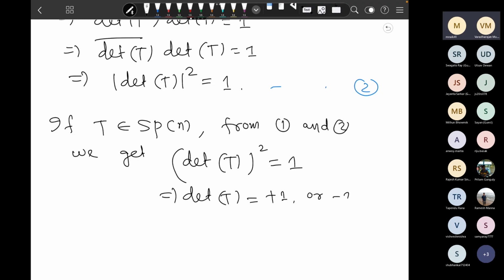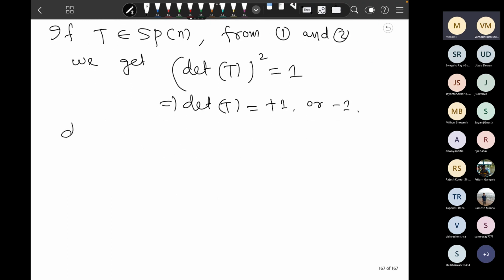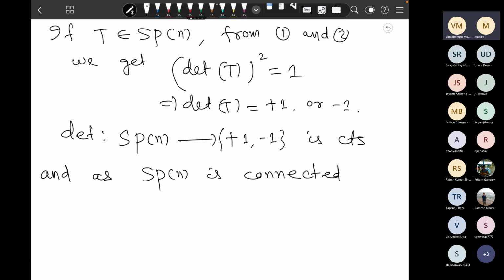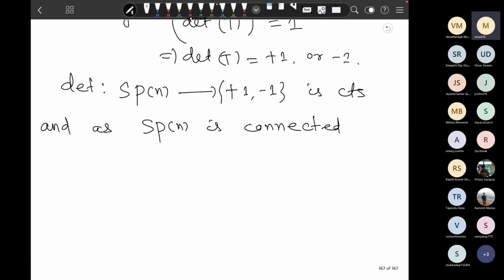Okay, now you know that Sp(n) is connected, so determinant from Sp(n) to plus 1, minus 1 is continuous, and as Sp(n) is connected, this implies determinant on Sp(n) is constant.